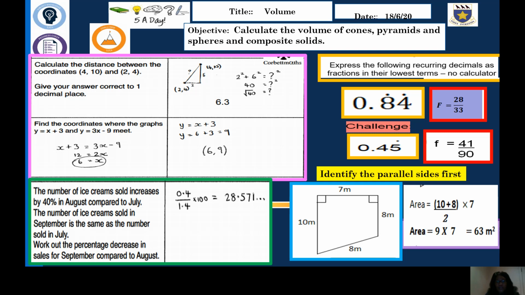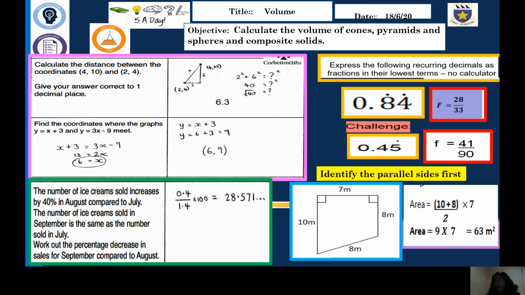In this case, the change here is 0.4, and the original, when it was in August, was 1.4. So the percentage is 28.6% to 1 decimal place, or 28.57 to 2 decimal places.